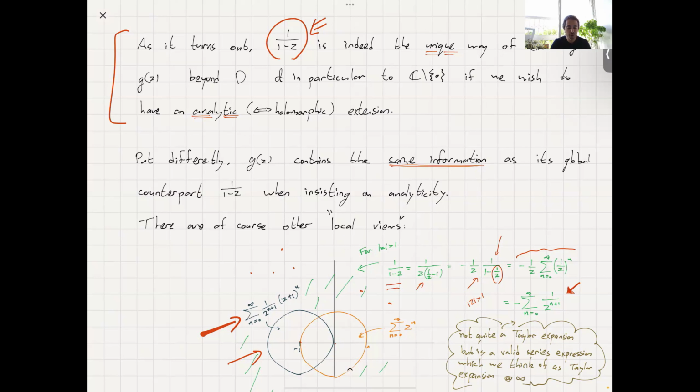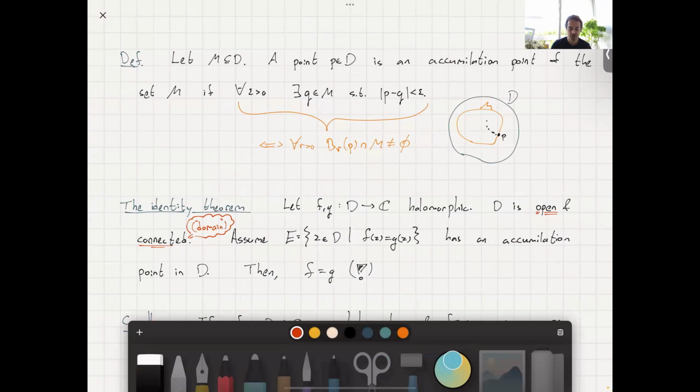Information-theoretically, all the information is already within the local views, but computationally it may be difficult, or sometimes there just won't be any simple way of writing the global function. Let's now consider the general case.